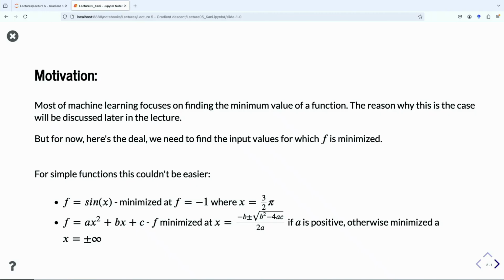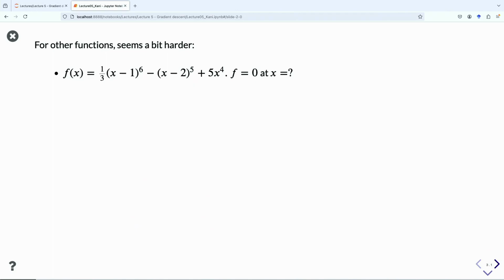Anyway, we can solve for this analytically, but then there are complex functions where we can't solve for things analytically. Trying to get the minimum of something like this is fairly difficult. We could solve for it. I have faith in you guys. I'm sure if I put that out as a homework question, you could expand out everything and get the roots.